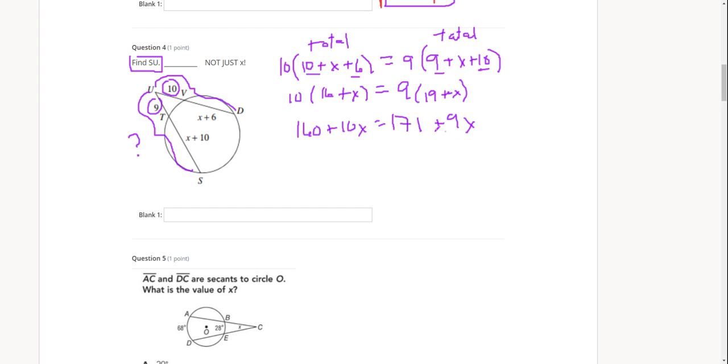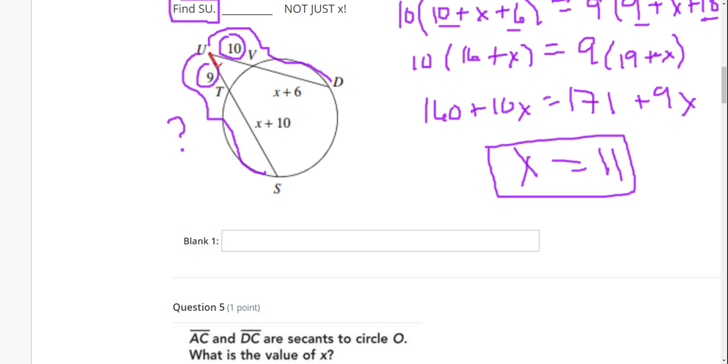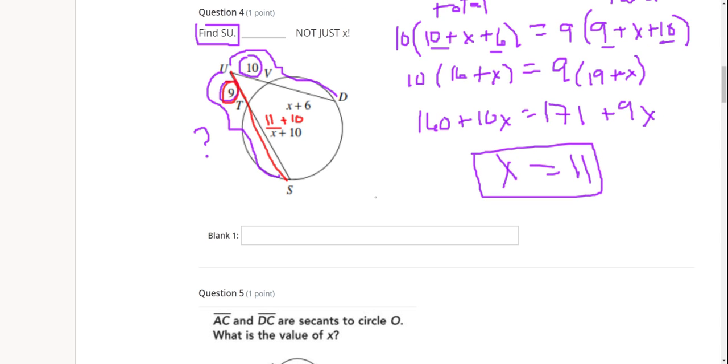Then I'm going to subtract my 9x from 10x and get x. And then I'm going to subtract 160 from 71 and get 11. So if x equals 11, how do I find the distance from U to S? That's 9 plus 11 plus 10. Did that make sense, Miriam? Same thing as number 2.